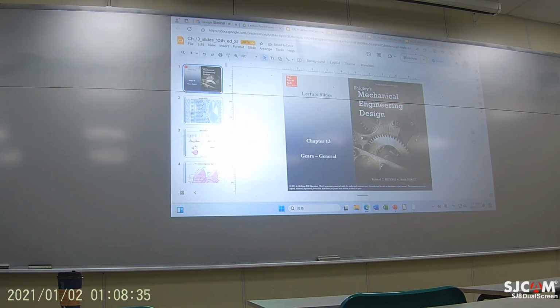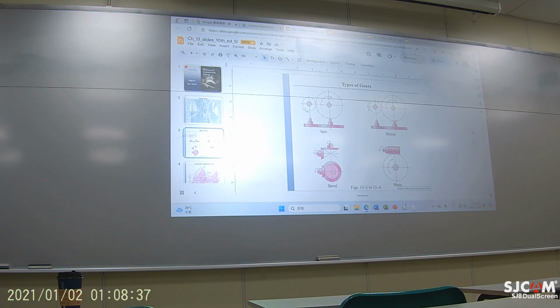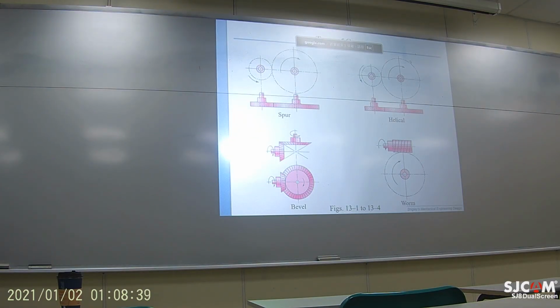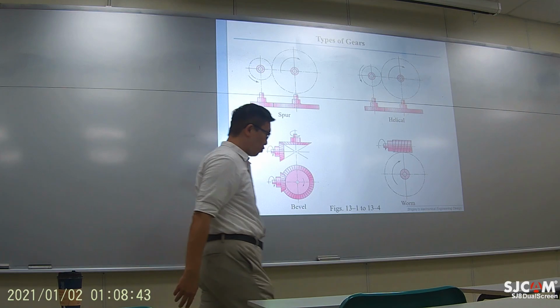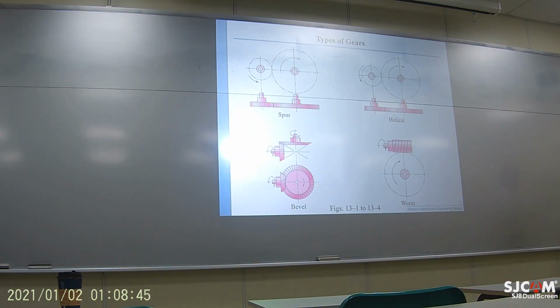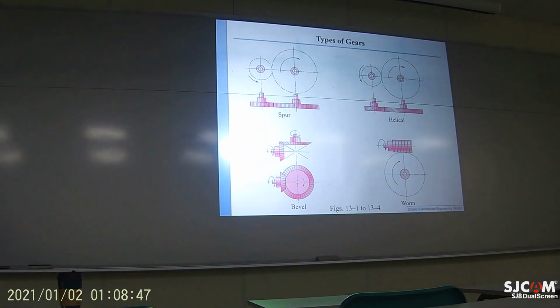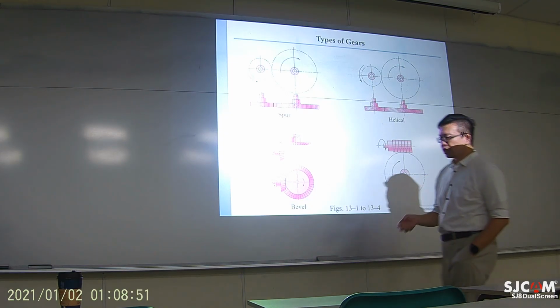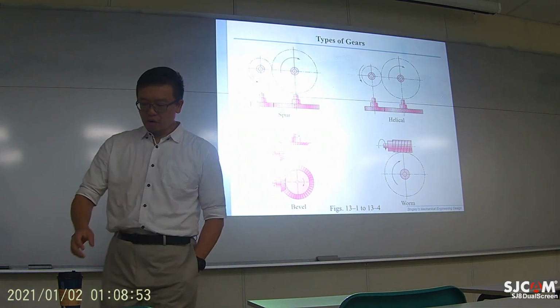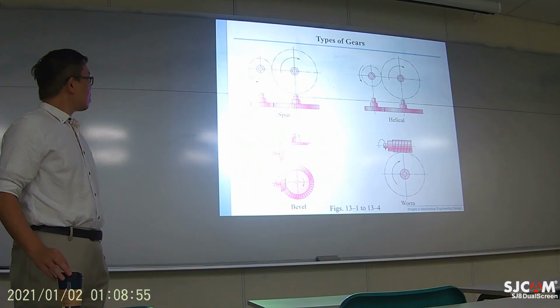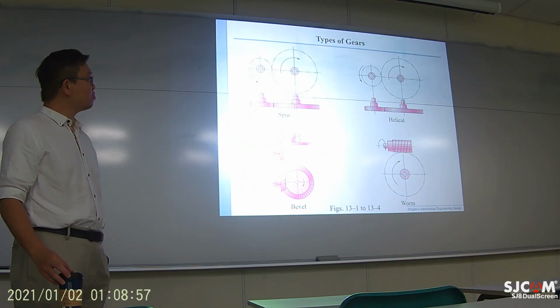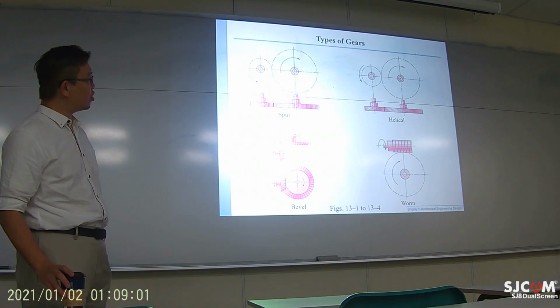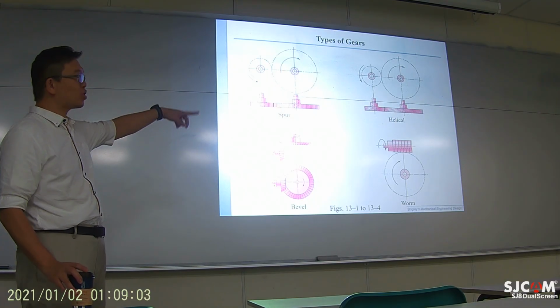Okay. So usually when you learn about kinematics or dynamics or some other design courses about mechanisms, you may be learning about various kinds of gears. Those are their names.